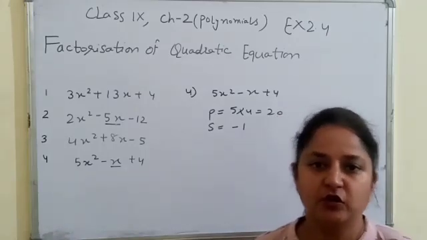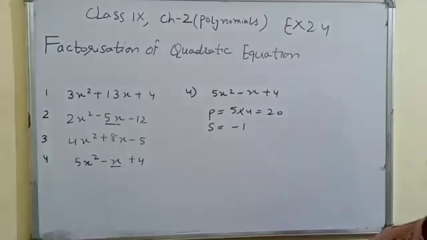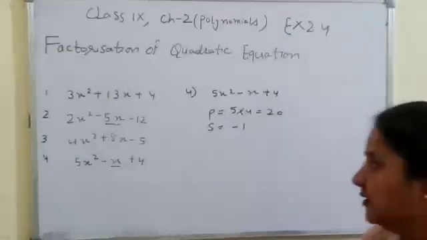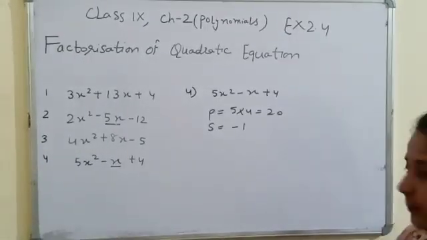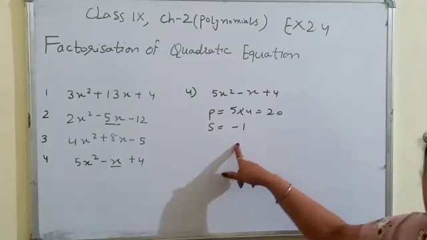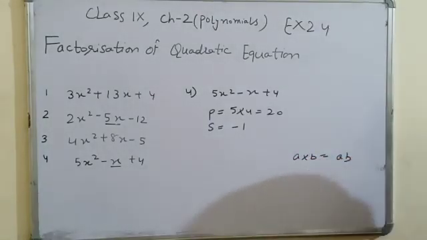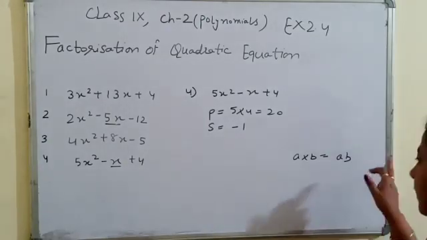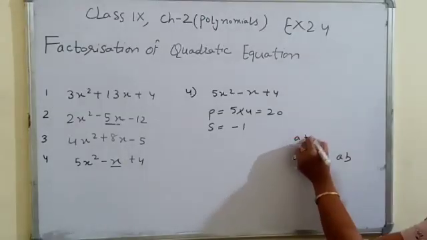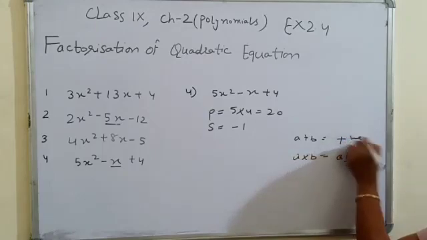When the product is positive, both integers can have the positive sign or the negative sign. But here the requirement is for the negative, because when we multiply two positive numbers, their product is positive, but when we do the sum, the sum is also positive.